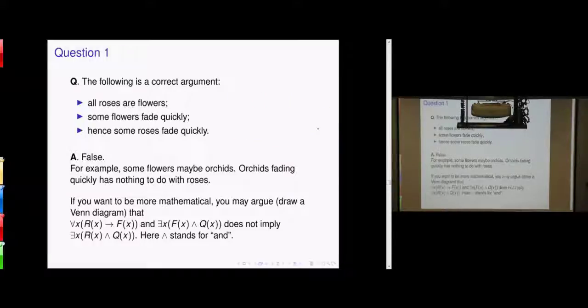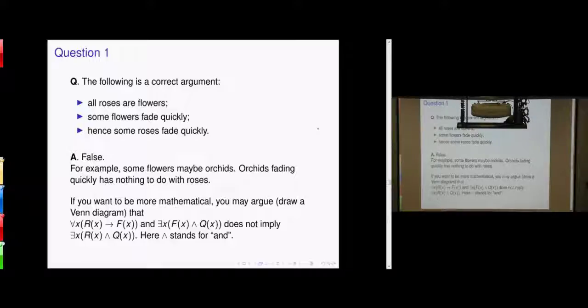Now logically, if you want to be more mathematical, I can give an example. Say maybe some flowers are orchids. Orchids is disjoint from roses, I believe. So orchids fading quickly has nothing to do with roses.